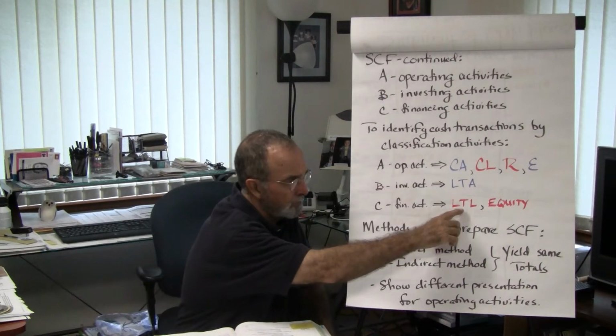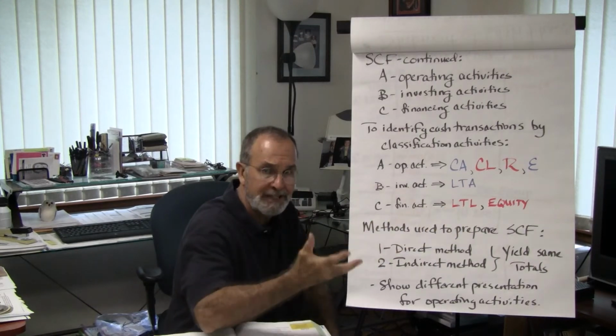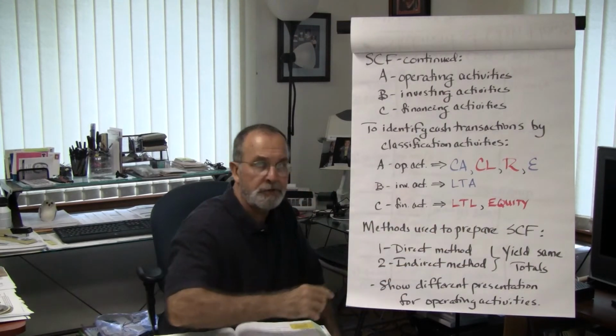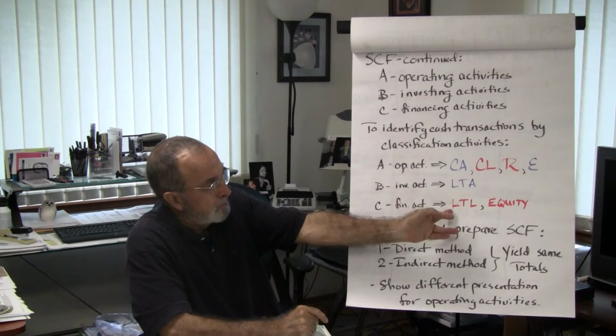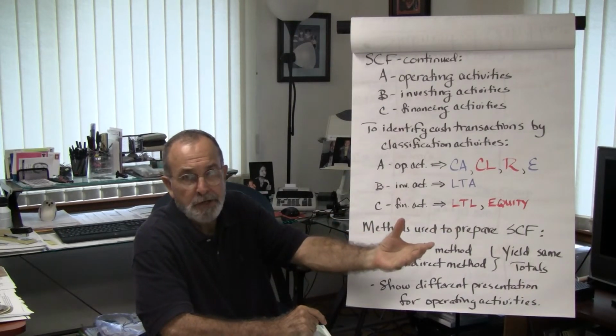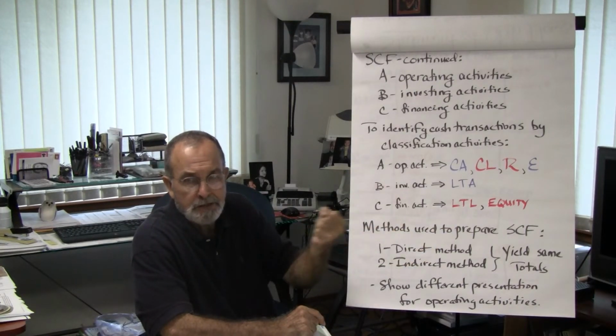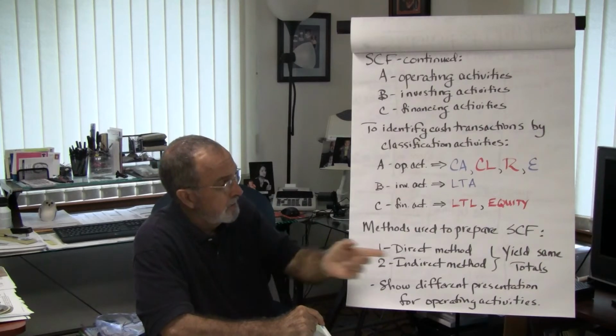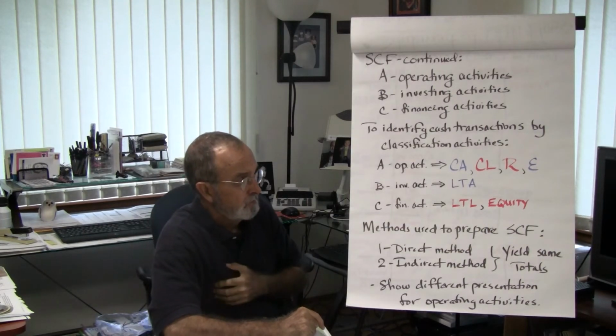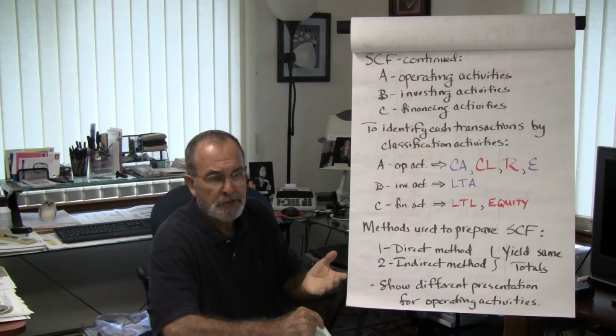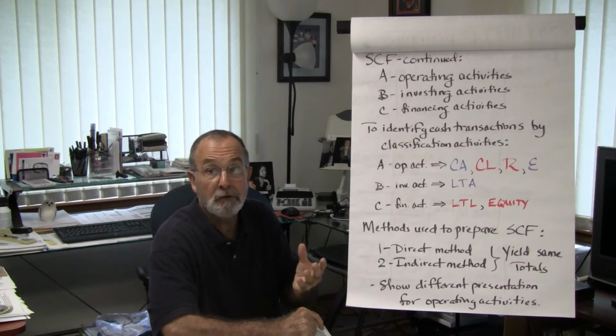We focus on our long-term liability accounts, or debt, and on our equity accounts. Long-term liabilities would show us where we have gotten money that has been borrowed, and our equity accounts would basically show us where we have gotten money from owners.